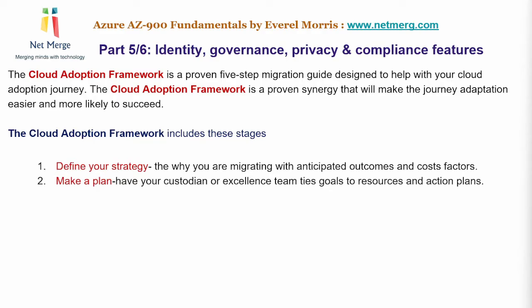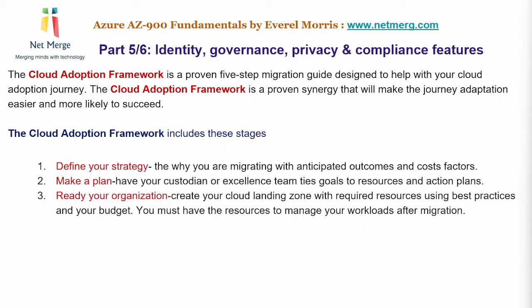Next, you want to make a plan. You want to have your custodian or your excellence team tie goals to resources and actions, so you know what your workload is, you know what the requirements are. You want to have some definitive control over those resources and decide what type of resources you're going to need in Azure to actually execute on your goals, your plans, your actions, so you could get the desired result that you need.